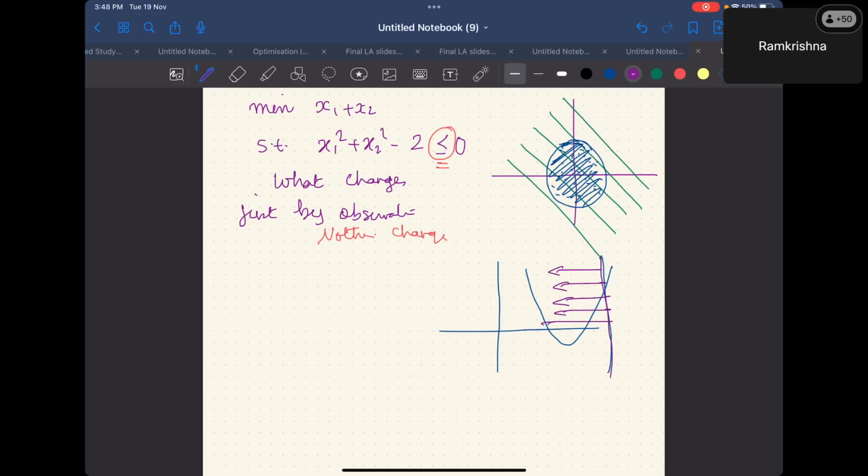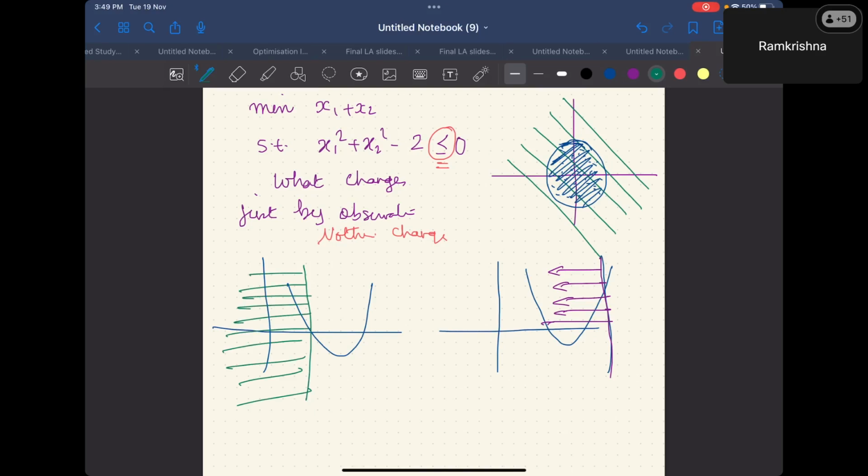Now I'll redraw the same function, and my new constraint set is here. What is the minima here and what is the minima here? Are they same, different, or can't say?